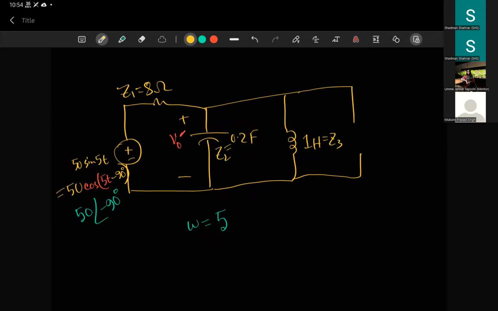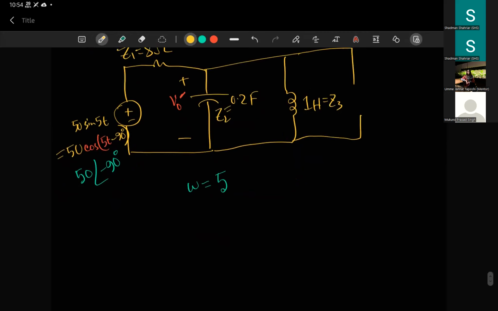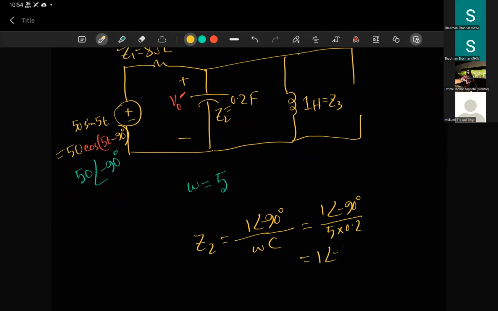Okay. This value of Z2 should be 1 angle minus 90 degree divided by omega C. So 1 angle minus 90 degree, the value of omega is 5 and the value of C is 0.2. That gives us 1 angle minus 90 degree ohms. The unit of impedance is ohms.